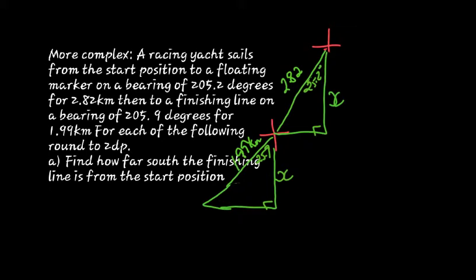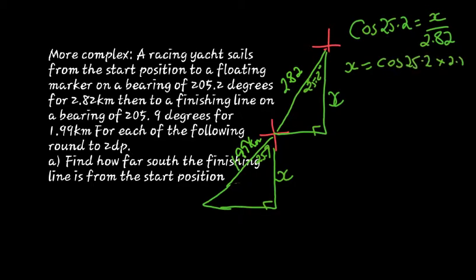So for the first one, we're going to use cos. Cos of 25.2 is equal to adjacent over hypotenuse, so 2.82. So x is equal to cos 25.2 times 2.82, and that gives us 2.55 kilometres.